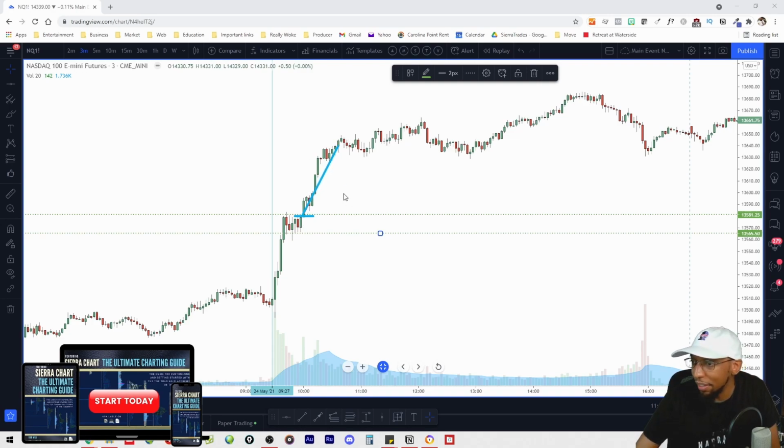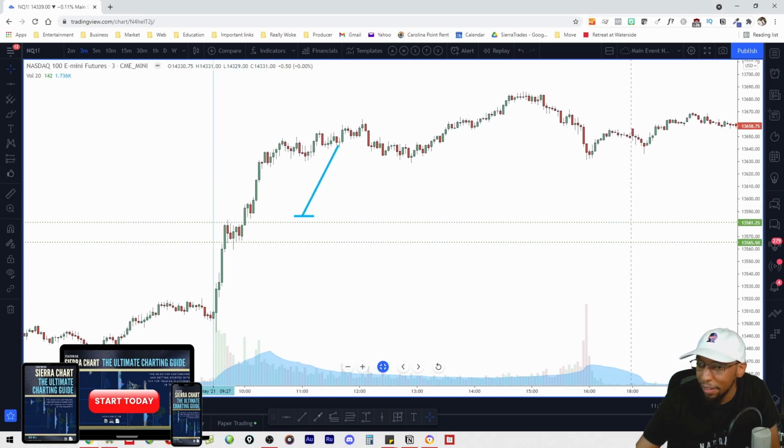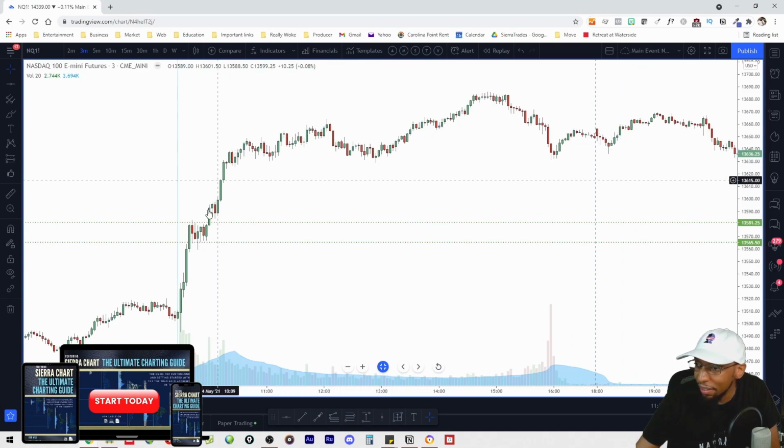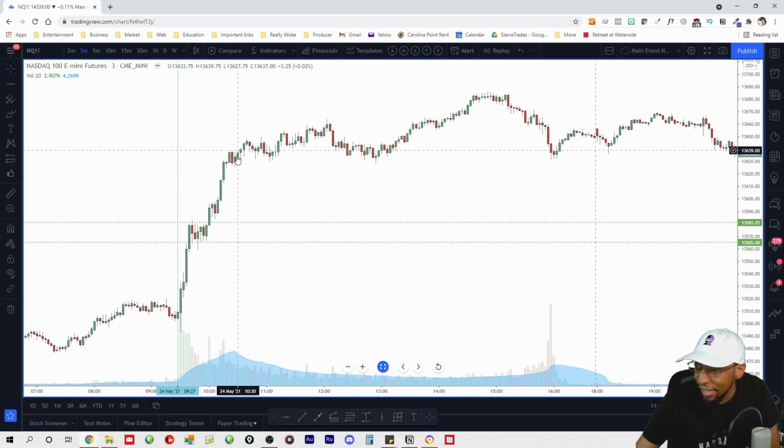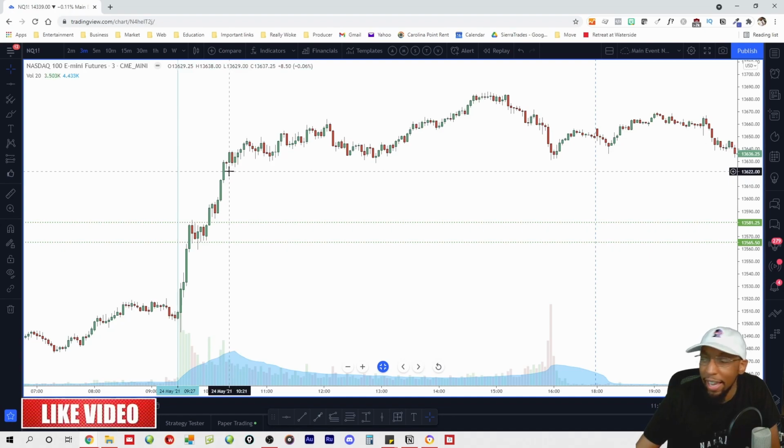All right, so let's look for another one. Let's say we got that one worked out. Let's try to find another area where we can take another breakout trade. What we're looking for is some consolidation. Technically, we got some consolidation right there. Personally, I like to have at least about 3 or 4 candles.